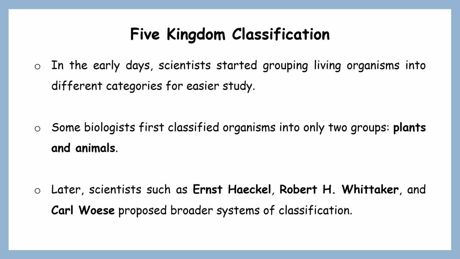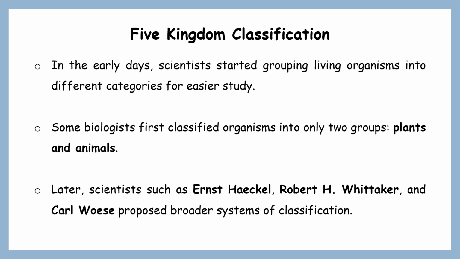In the early days, scientists started grouping living organisms into different categories for easier study. Some biologists first classified organisms into only two groups, that is, plants and animals.